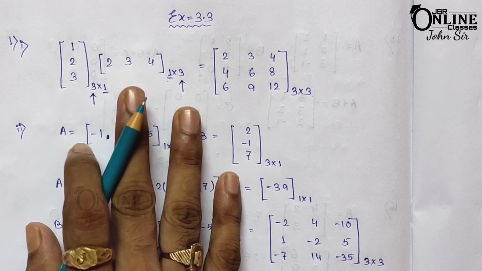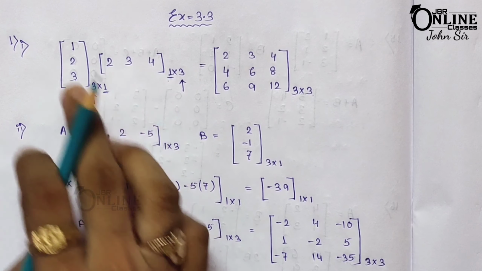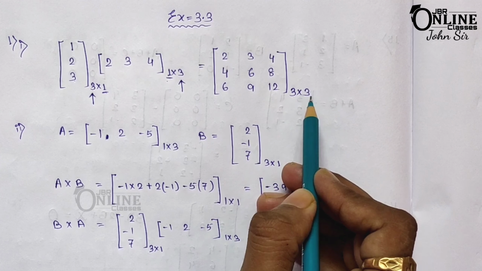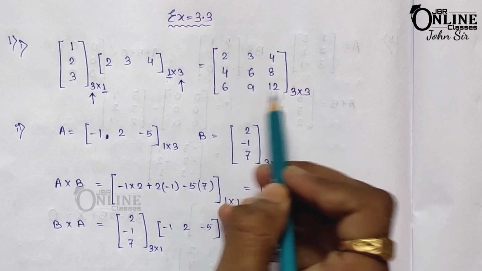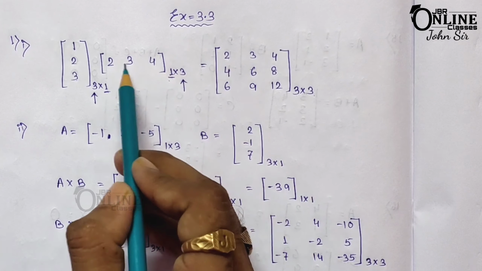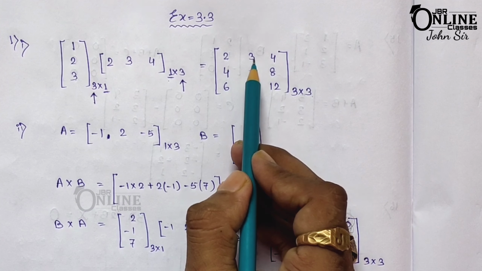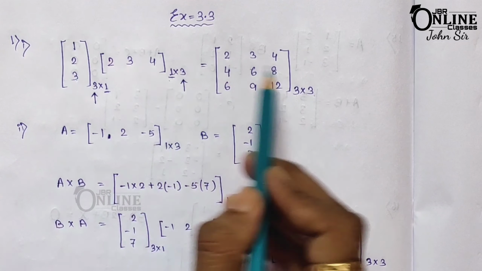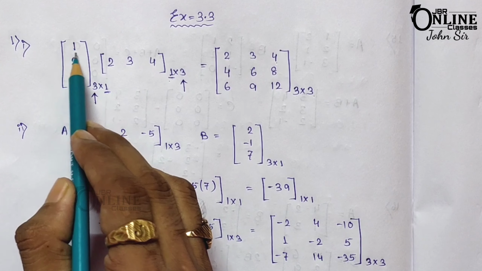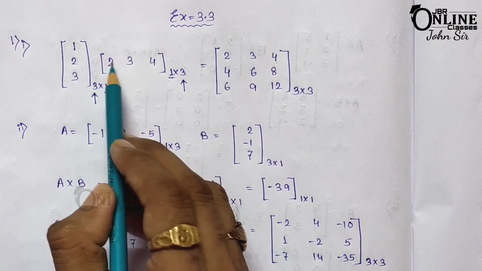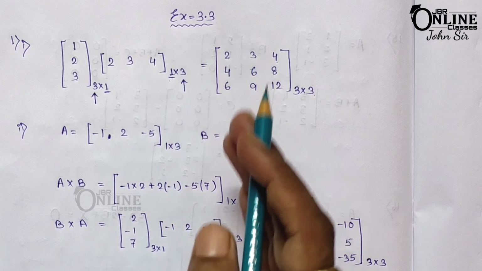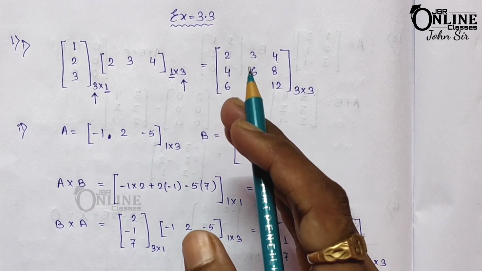Whenever you multiply the two matrices, as the order will be 3 cross 3, that means there will be 3 rows and 3 columns. So first 2 into 1 becomes 2, 3 into 1 becomes 3, then 4 into 1 becomes 4. That means you have to multiply the element of the first column with each and every element of the first row of the second matrix.